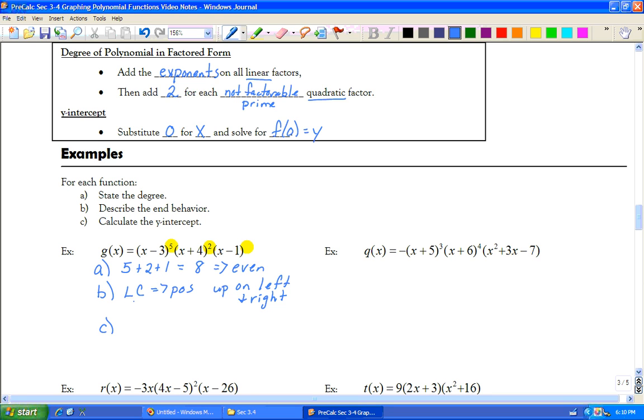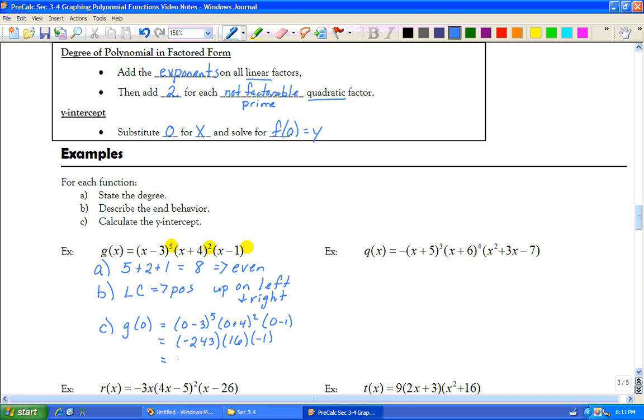Okay, let's calculate our y-intercept. So we're going to find g of 0. So just substitute in 0: 0 minus 3 to the 5th power, times 0 plus 4 to the 2nd power, times 0 minus 1. So negative 3 to the 5th power is negative 243, times 4 squared, which is 16, times negative 1.